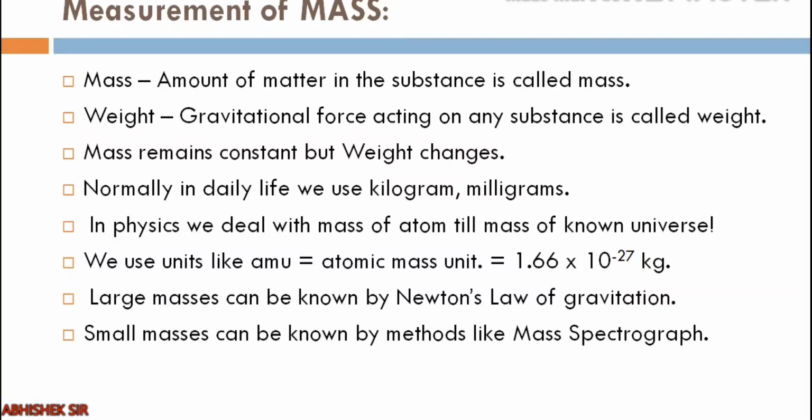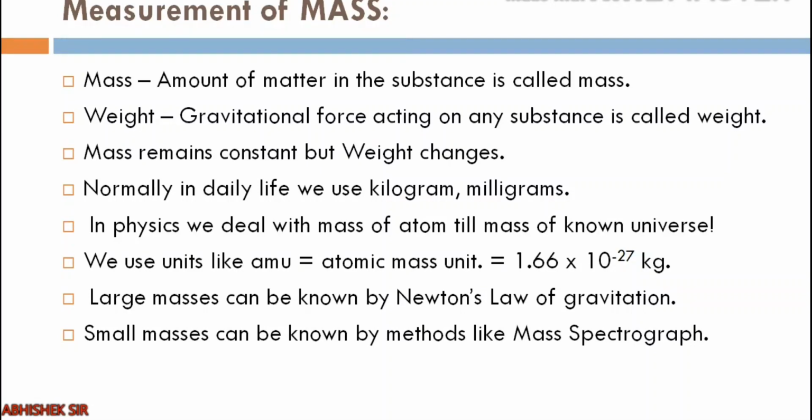In our normal daily life we use units of mass like kilogram and milligram, but we must know that in physics we deal with the mass of an atom up to the mass of the known universe. See the difference, the mass of one atom and the mass of the whole universe we deal with. Clear? So that is the range of mass that we study in physics.